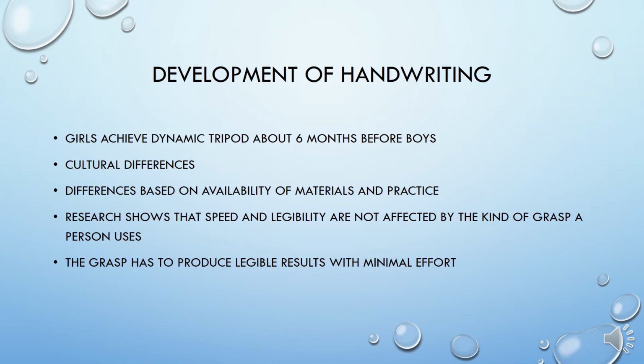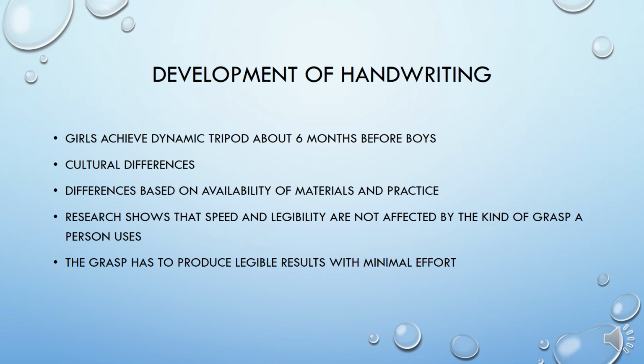Now, the dynamic tripod is when you're holding it between the thumb and index finger, and the utensil is resting on the lateral border of the middle finger. Static tripod is when it's moving from the wrist. Dynamic tripod is when it's moving from the fingertips. So it's just the most mature tripod grasp.